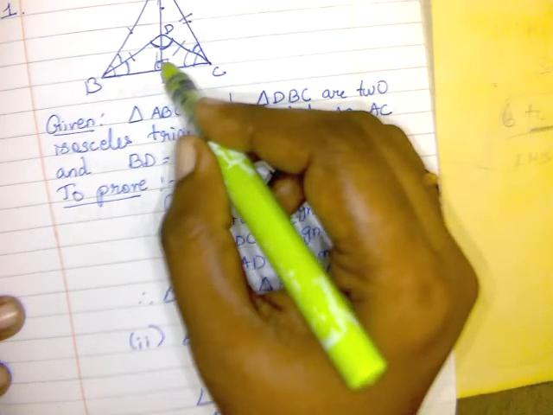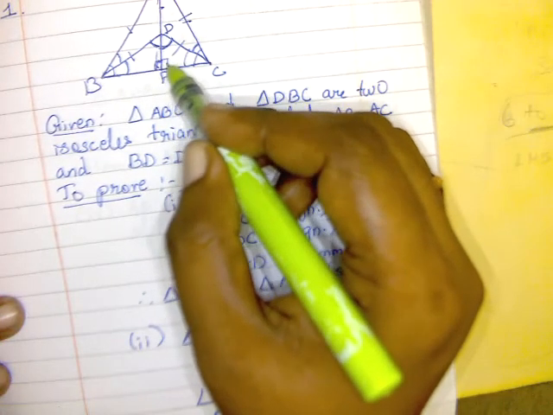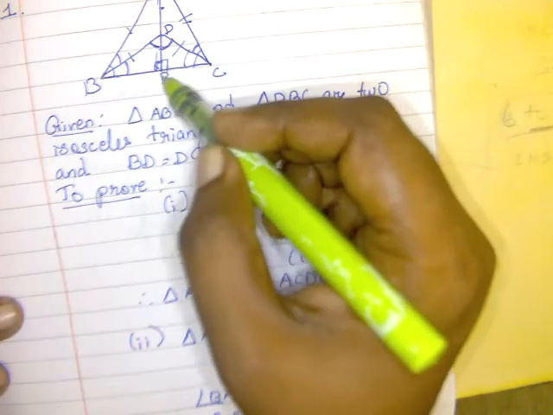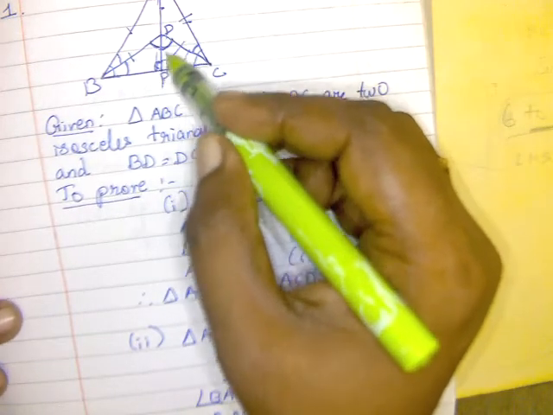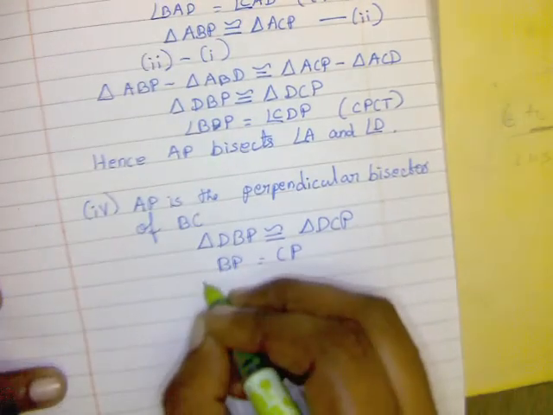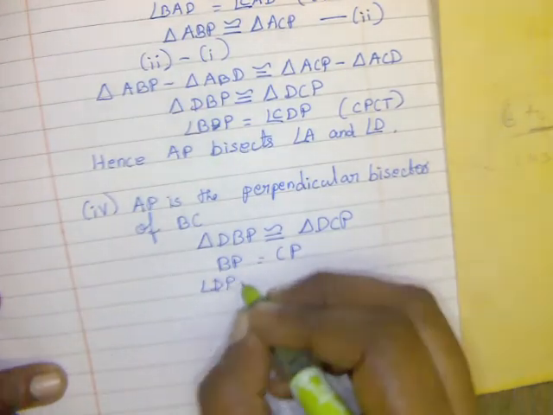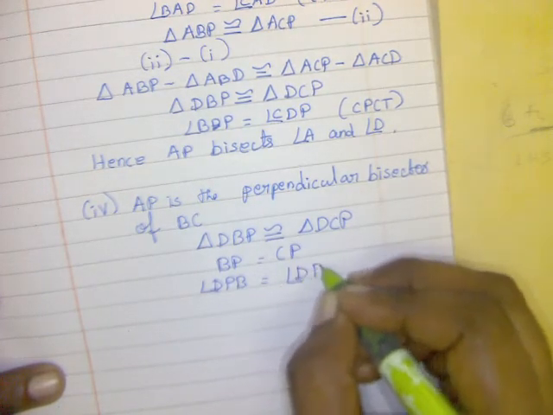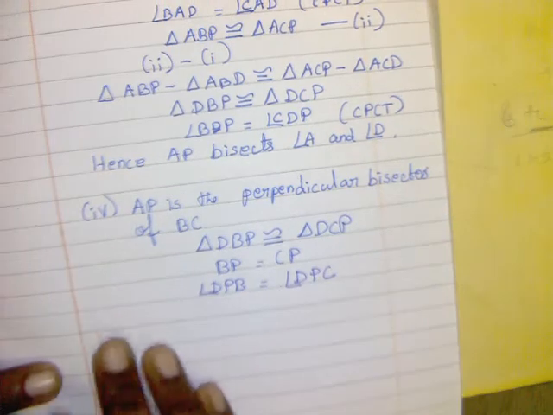We don't know it is 90 degrees; simply I am giving it here. We have to prove that it is 90 degrees. That much only. So angle DPB is equal to angle DPC. Okay, right? Two equal.